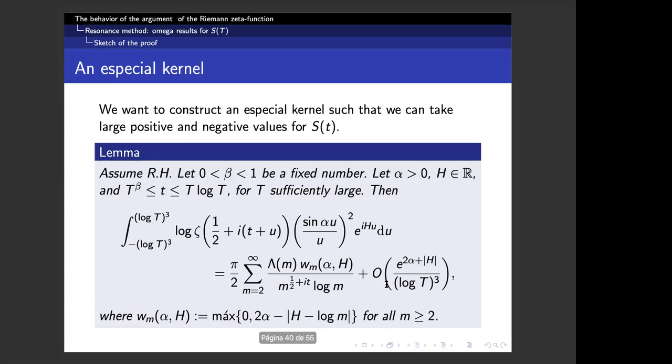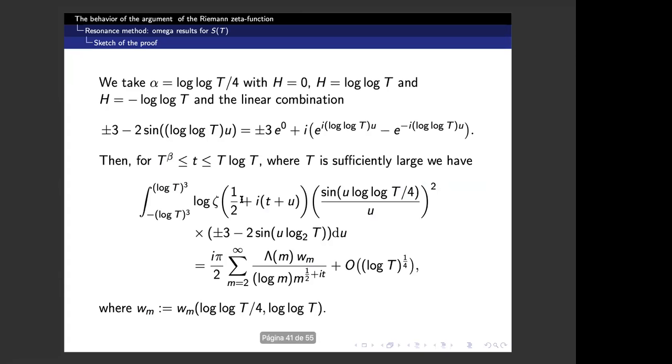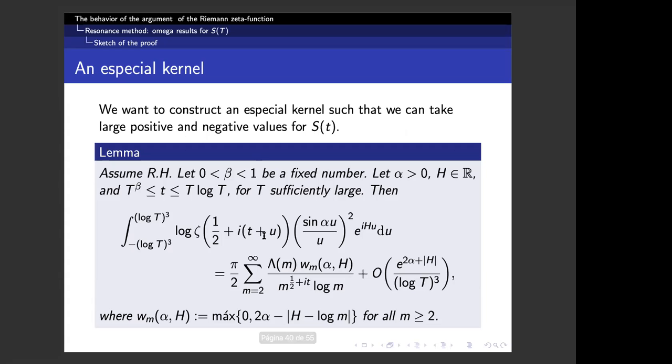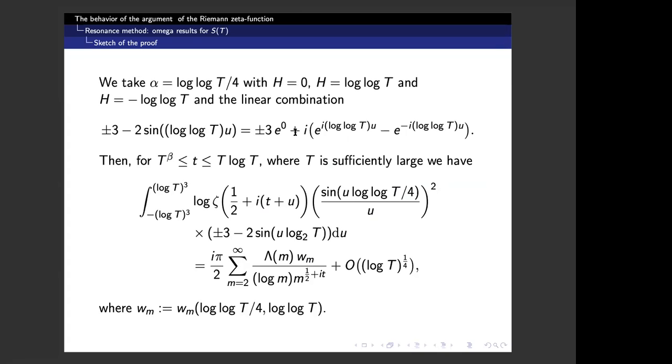So we will do the following. I will use this identity, plus or minus 3 minus 2 sine of this part is plus or minus 3 e to the power 0 plus i, and this difference here. And I will apply this lemma for each part, this and this.